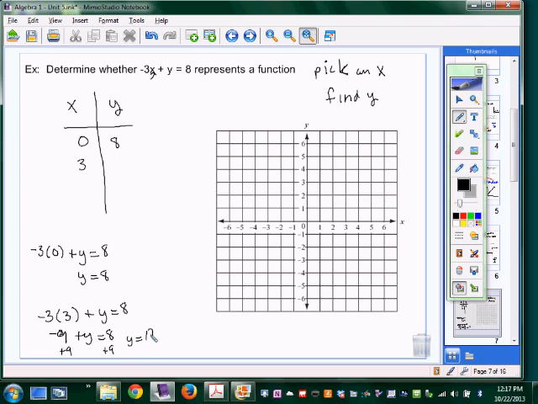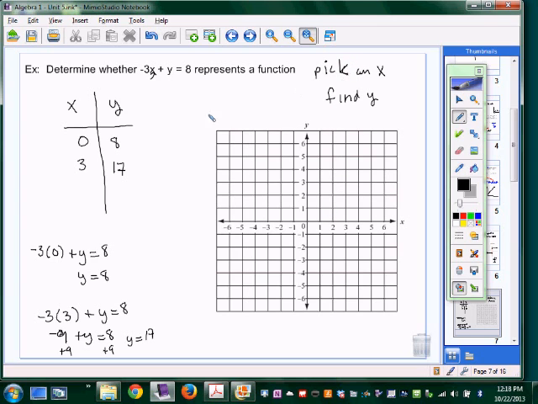I'm not going to use that one because my graph only goes to 6, and that would be way up here. But I'll put it here, though I'm not going to use it. So we want to try to find something that's going to give me a smaller y. Well, 0 went all the way to 8, and 3 goes all the way up to 17.